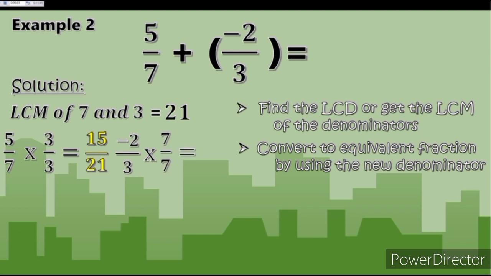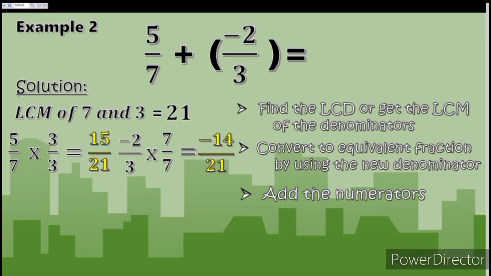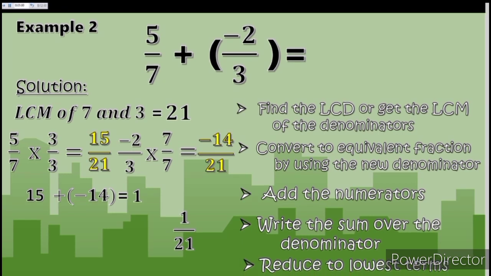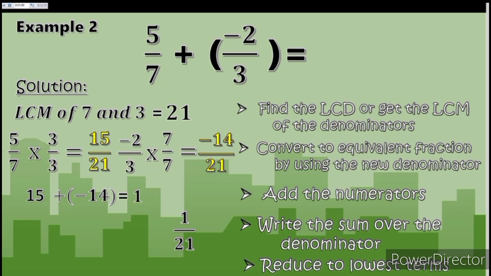The answer is negative 14 over 21. Now, let's add the numerators. 15 plus negative 14 is equal to 1. Now, write the sum over the denominator. We have 1 over 21. Always reduce to lowest terms. Now, what is our final answer? Correct, we have 1 over 21.